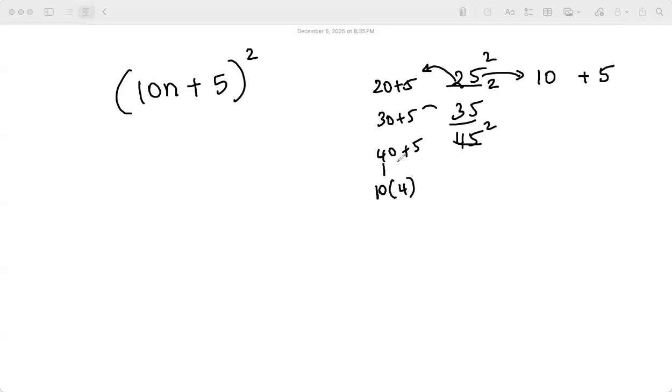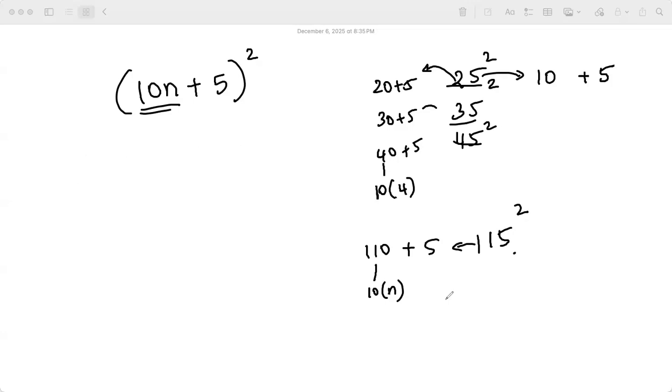Digit means it can be only between 0, 1, 2, 3, 4, 5, 6, 7, 8, 9. Even for upper numbers, let's say 115 square, this can be expressed as 110 plus 5. It is a multiple of 10. That's what 10n means, a multiple of 10. Am I making it clear?